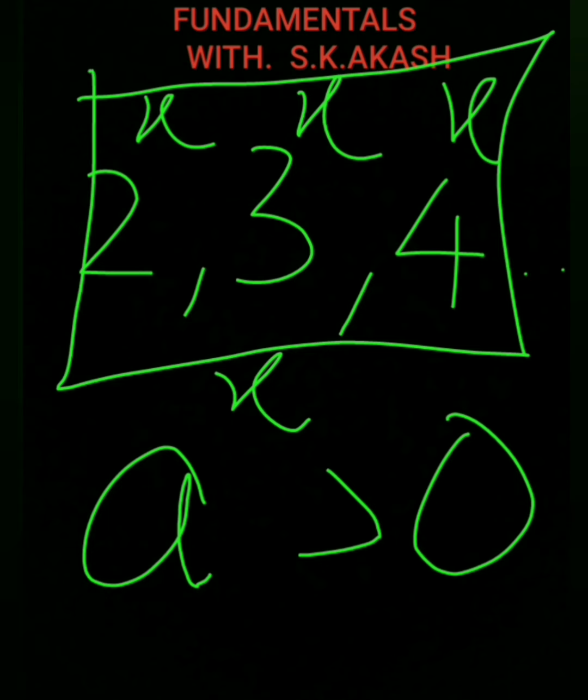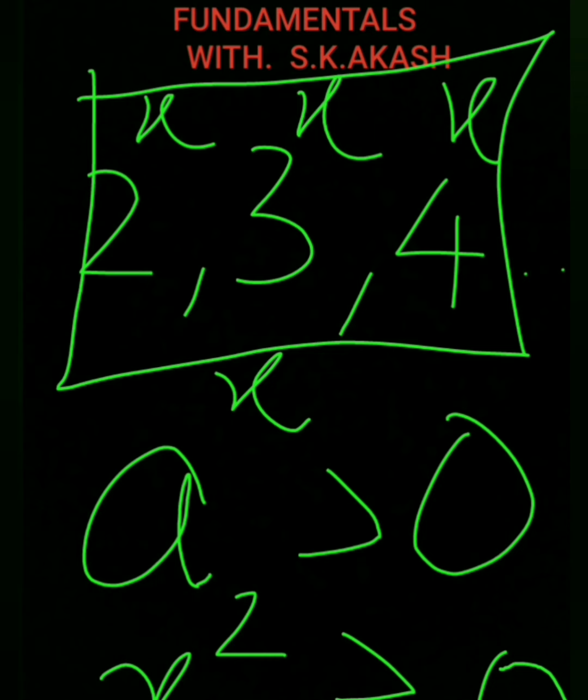If it is x to the power 2, it is greater than or equal to 0. It is an even function, so it is greater than or equal to 0. It can be greater than 0 or equal to 0, because if x equals minus 1 and you square it, you will get only positive values. So it is not a problem.